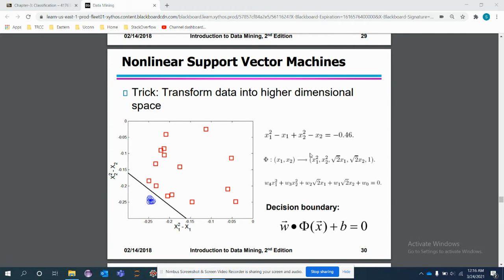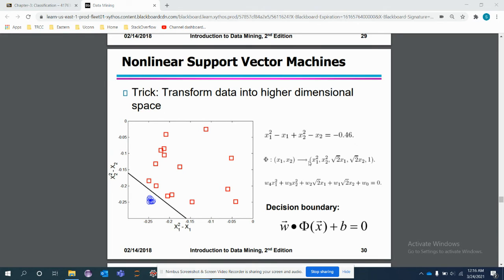A nonlinear transformation is needed to map data from its original attribute space to a new space, so that a linear hyperplane can separate the classes. So we have a transformation as shown in the second equation. If you want a thorough explanation of the derivation of the equations, you can take a look in the book. The whole derivation is provided there.